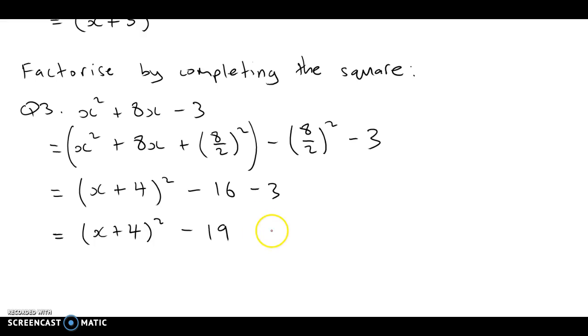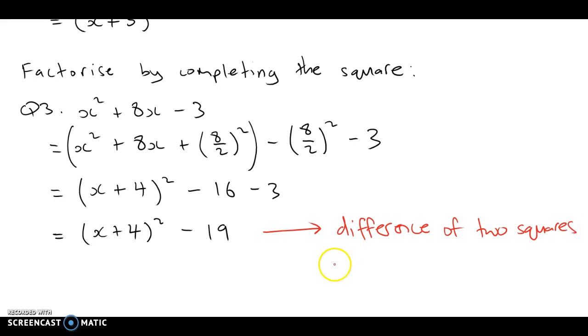Now, it's important to realize that what we've created here is a difference of two squares. So hopefully you recall that a squared minus b squared equals a minus b, a plus b. That's what we've created here.